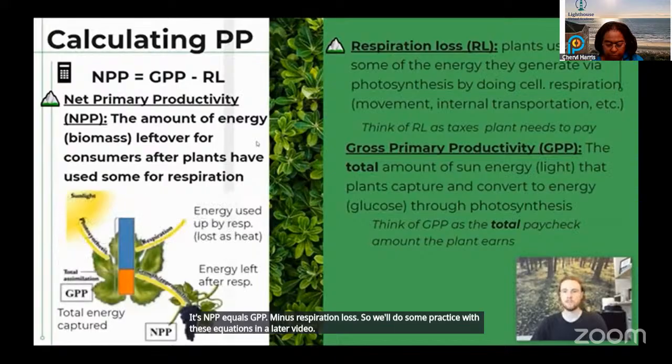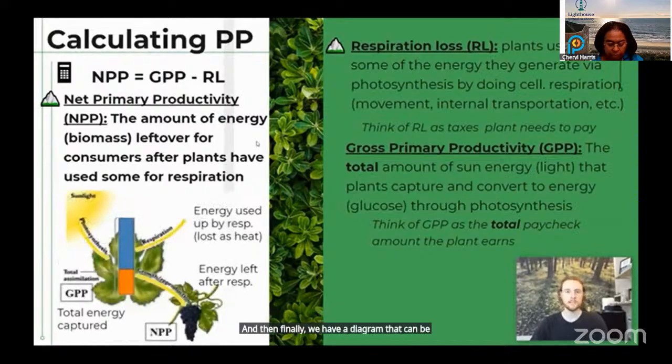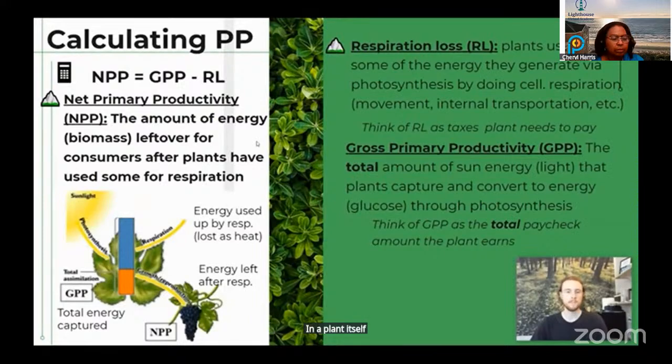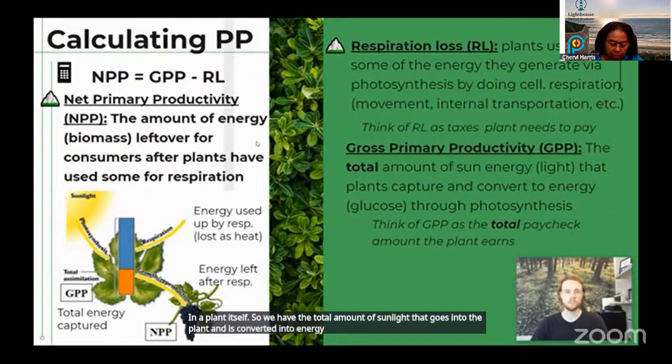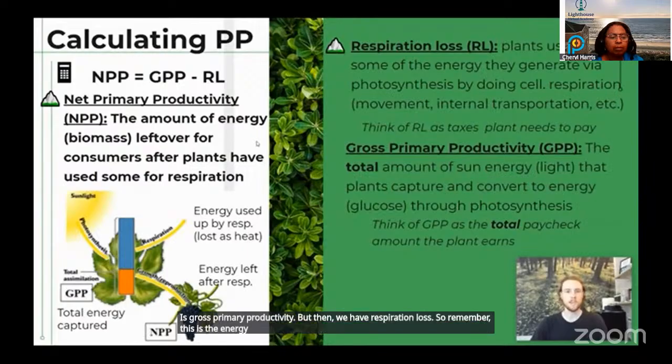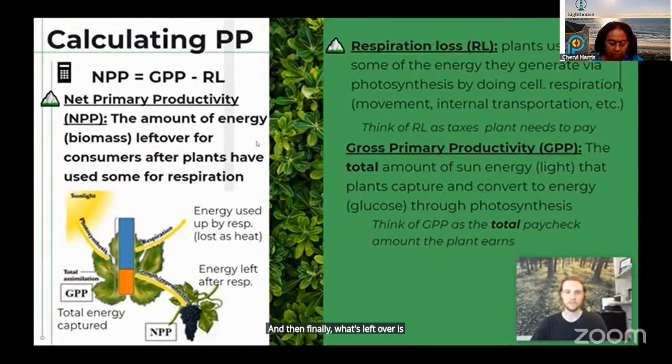And then finally, we have a diagram that can be really helpful to grasp what this actually looks like in a plant itself. So we have the total amount of sunlight that goes into the plant and is converted into energy is gross primary productivity. But then we have respiration loss. So remember, this is the energy used up by the plant for its basic processes that it needs to do to stay alive. And then finally, what's left over is net primary productivity.